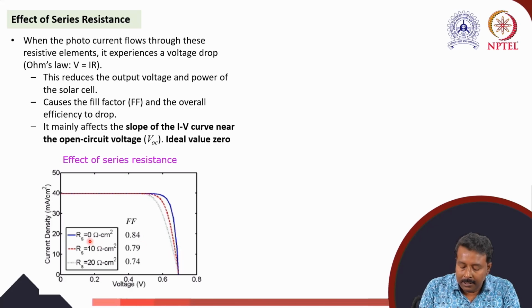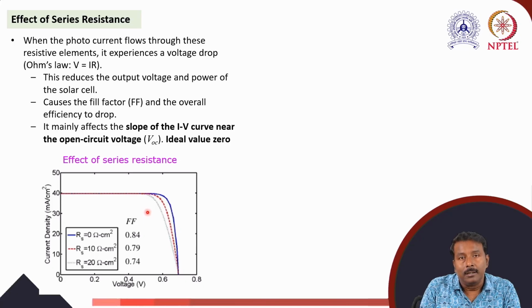The Rs value unit is ohm centimeter square. 0 means no series resistance. Now if you include some series resistance in the model or in the plot of IV curve, say 10 ohm centimeter square Rs is included, you can get a red dash line curve. What it indicates? It indicates the corner is coming towards the origin.